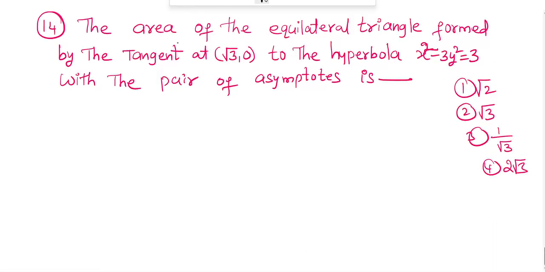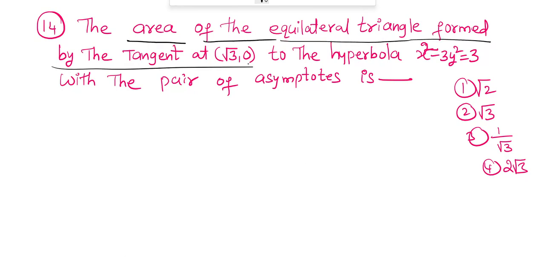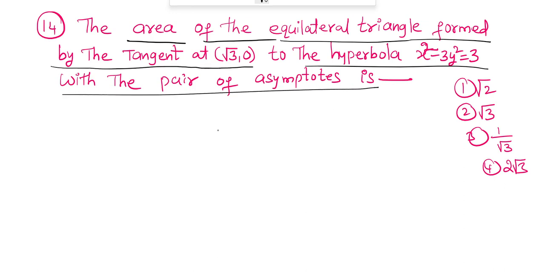This is the 14th question. The area of the equilateral triangle formed by the tangent at (root 3, 0) to the hyperbola x square minus 3y square is equal to 3 with the pair of asymptotes is dash. Here the tangent equation is S1 is equal to 0.